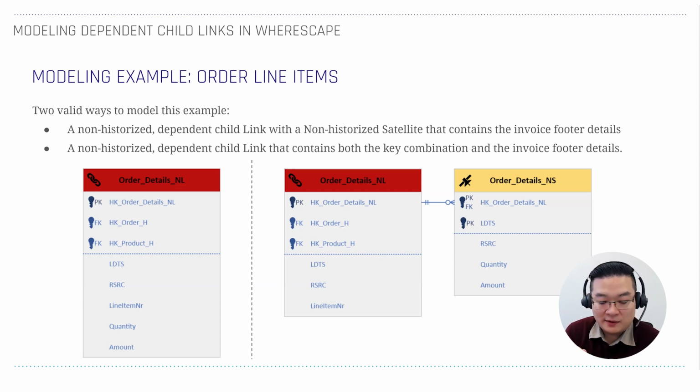And that's another design to tackle the challenge of having changes in transactional data. And with that, you would have a non-historized link with, let's say, only the key combination, but then a standard satellite with the changeable transactional data attributes.